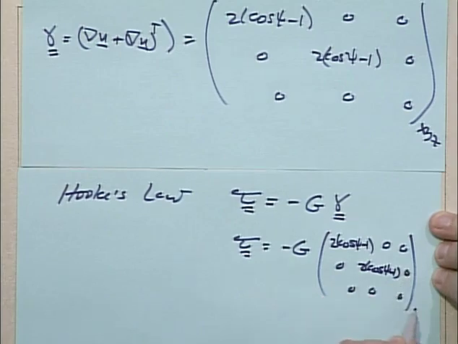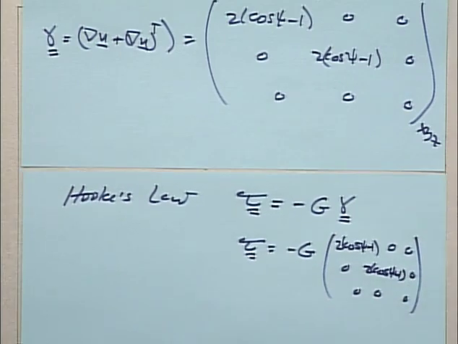And that's a problem, because all we're doing is rotating a block in space. Okay, all we're doing is rotating a block in space around the z-axis, and this says that there's some sort of a stress that's been generated. Okay, this is the problem. This is what's wrong with this model.